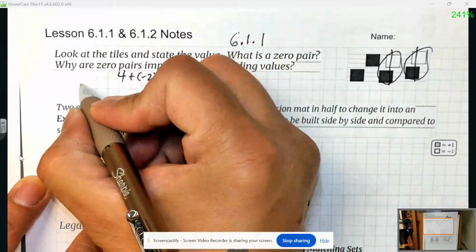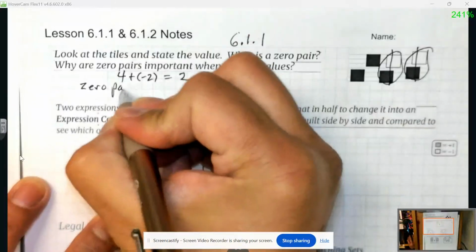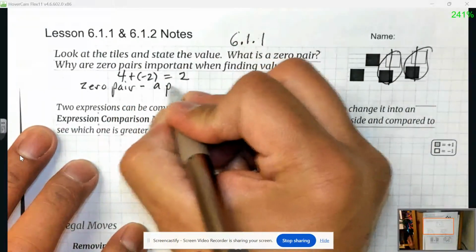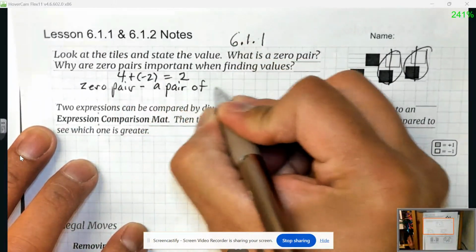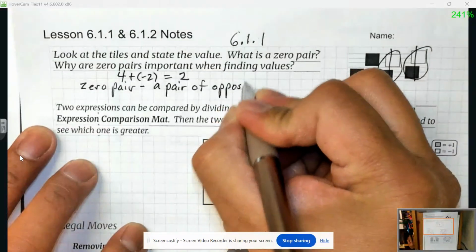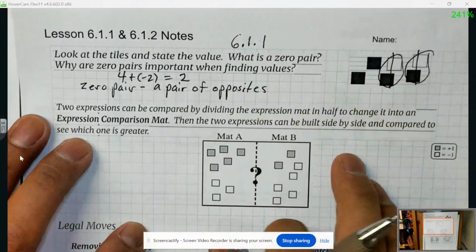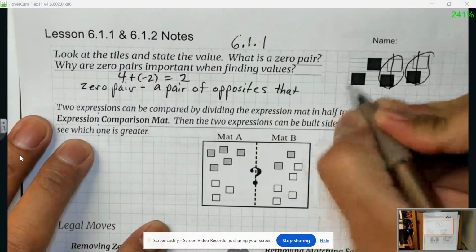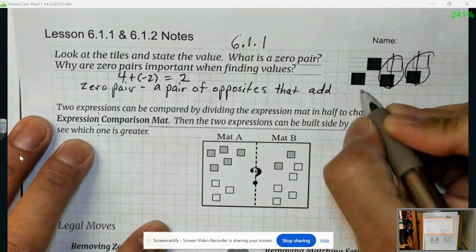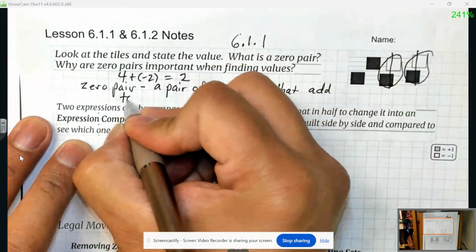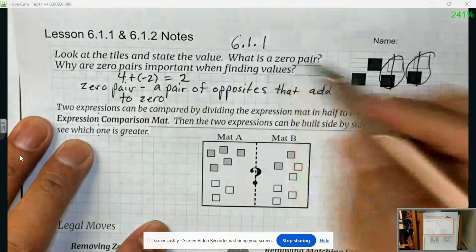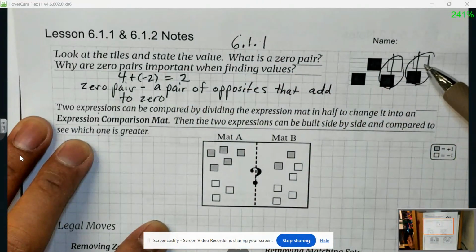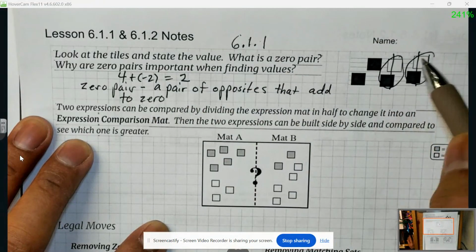So a zero pair is a pair of opposites that add to 0. In this case it would be 1 and negative 1, or you can say that this is 2 and negative 2.